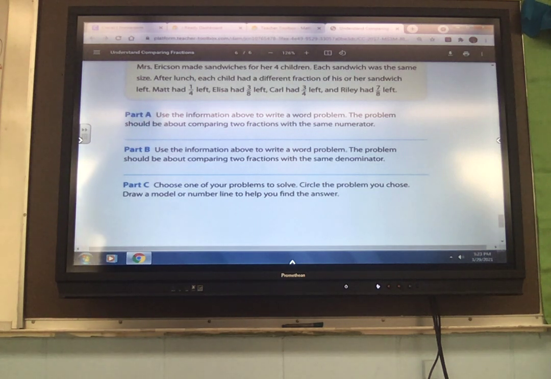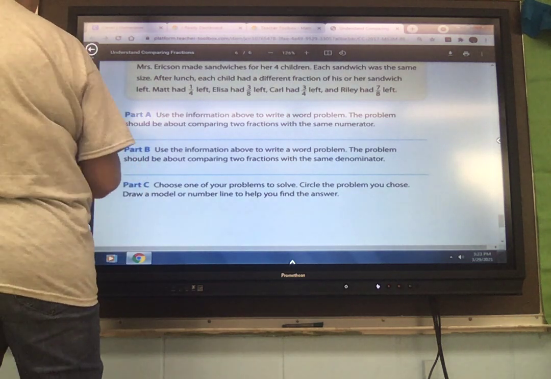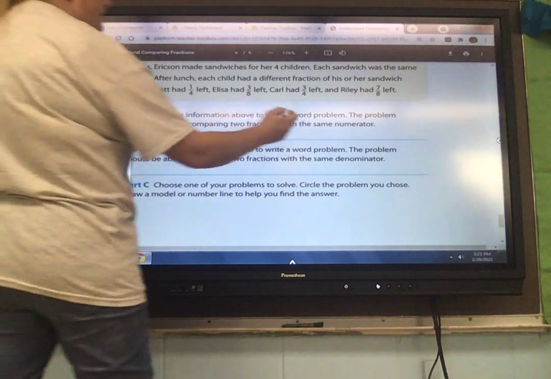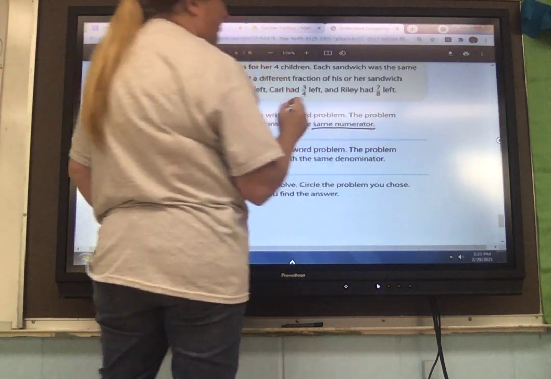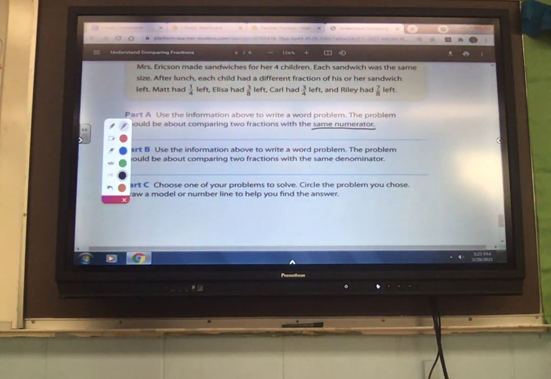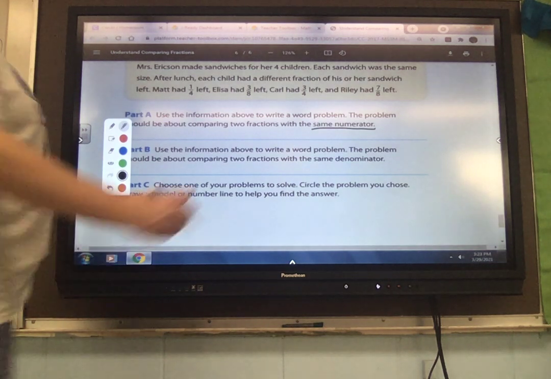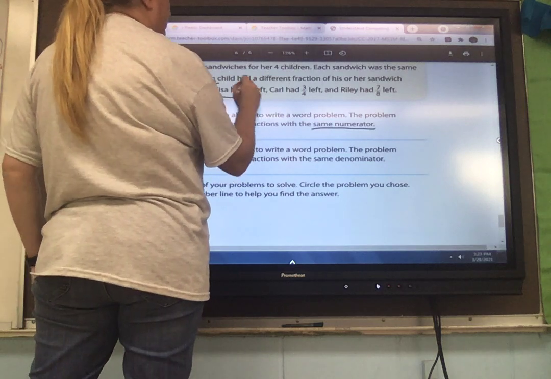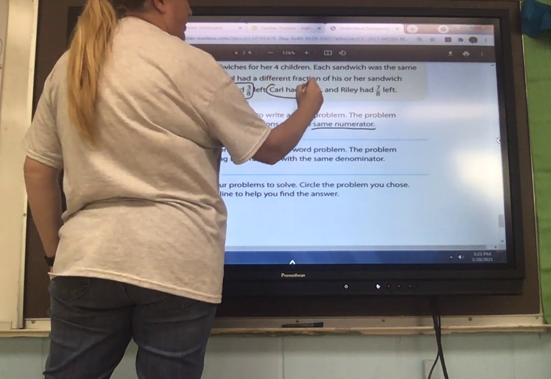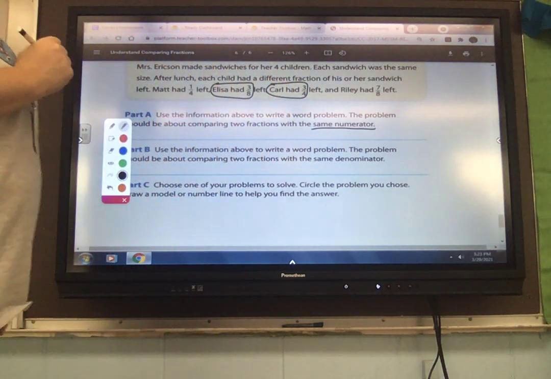Use the information above to write a word problem. The problem should be about comparing 2 fractions with the same, underline, same numerator. So which fractions up there have the same numerator? Alyssa and Carl, they both have a 3 in the numerator, right?